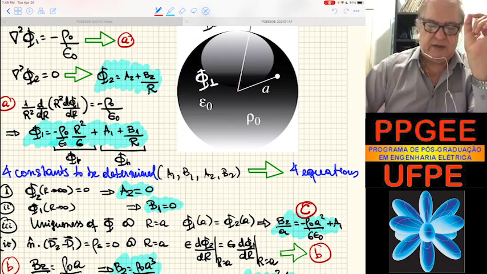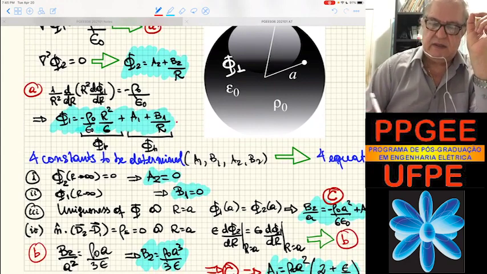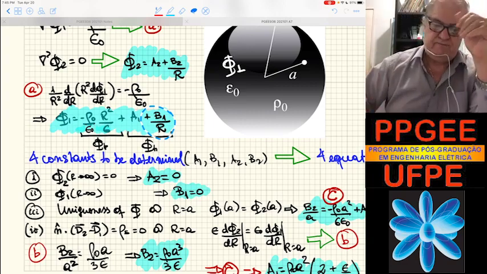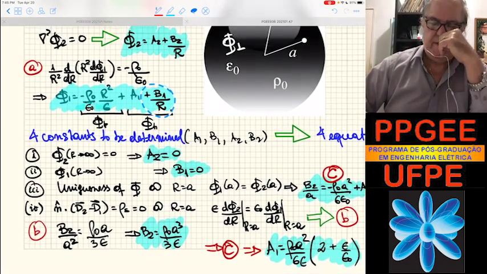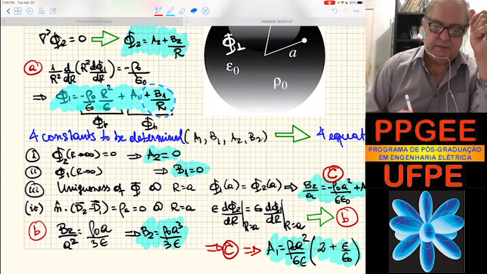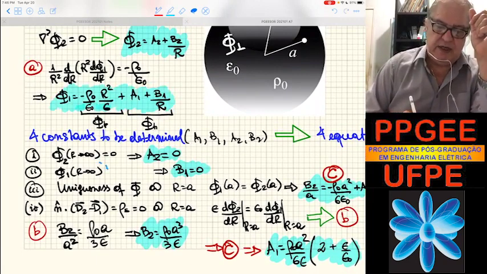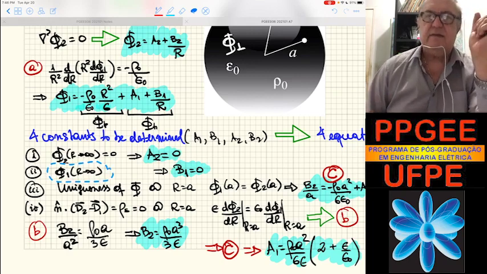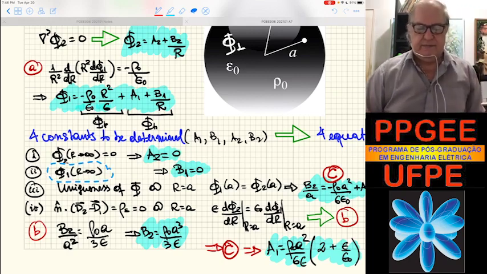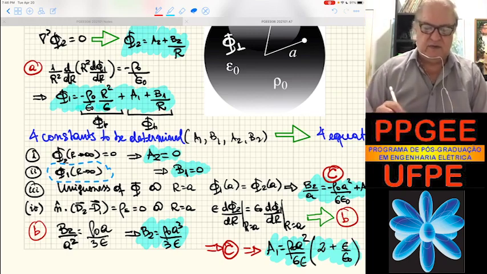You notice that the solution inside has one term that gives a singularity in the origin. So there's the second condition, which is no singularity in the origin, right? I'm going to look at the constants of those conditions.